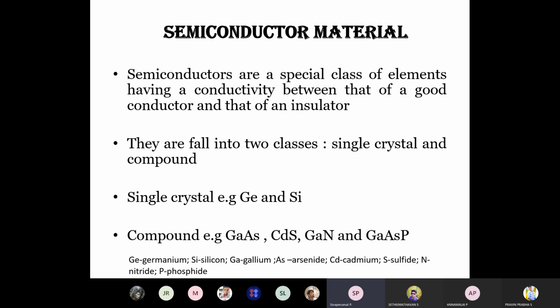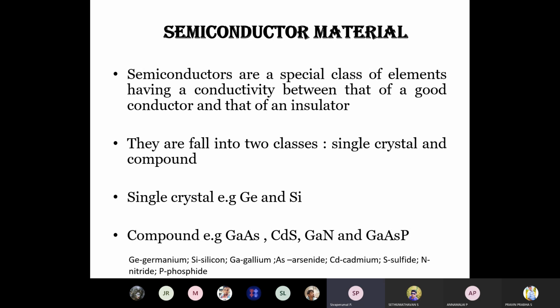Now we go on to discuss the semiconductor material in detail. It is a special class of elements having conductivity between that of a good conductor, which has partially filled electrons, and that of an insulator. They fall into two classes: single crystal and compound. Single crystal examples are germanium and silicon.